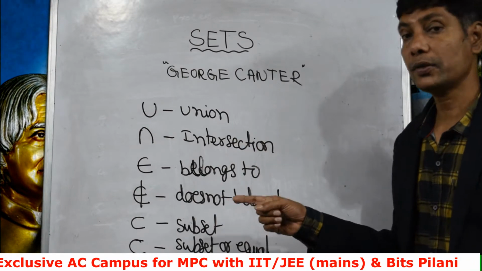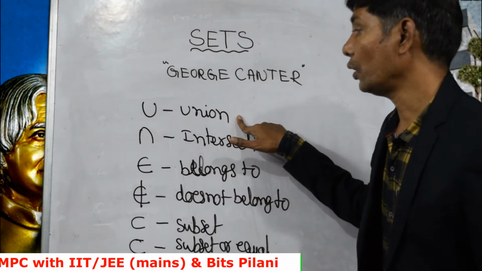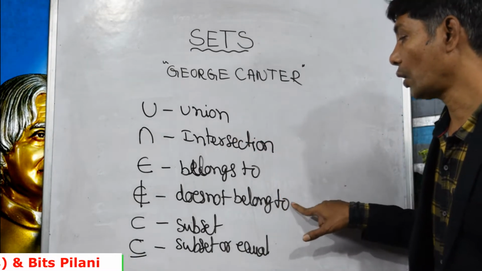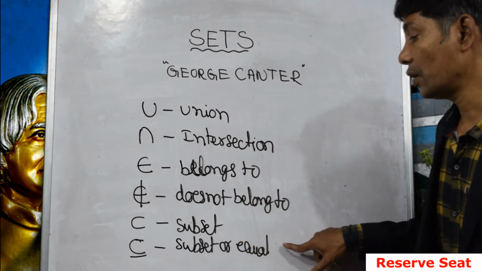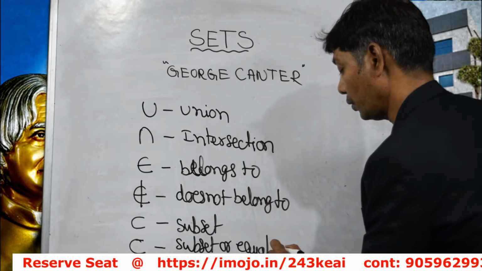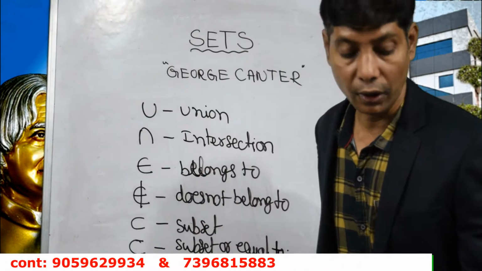These are the symbols you have to use in sets. Now, this is union, this is intersection, this is belongs to, this is does not belong to, this is subset, this is subset or equal to. In this way, you can calculate the sums now.